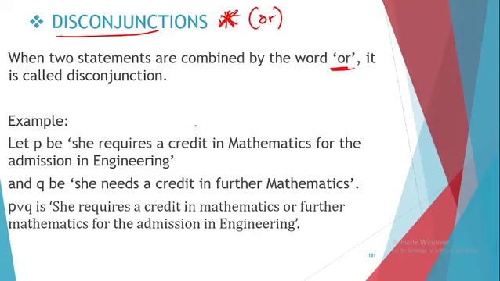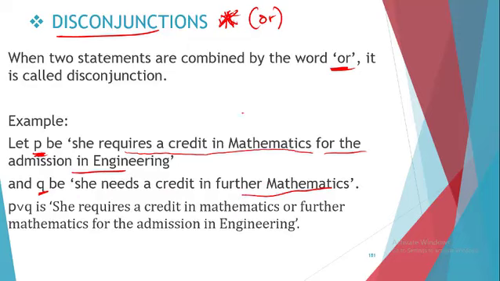Let's say for instance P is she requires a credit in mathematics for admission in engineering, and Q is she needs a credit in further mathematics. The first one, she needs what? A credit in mathematics. The second one, she needs a credit in further mathematics.